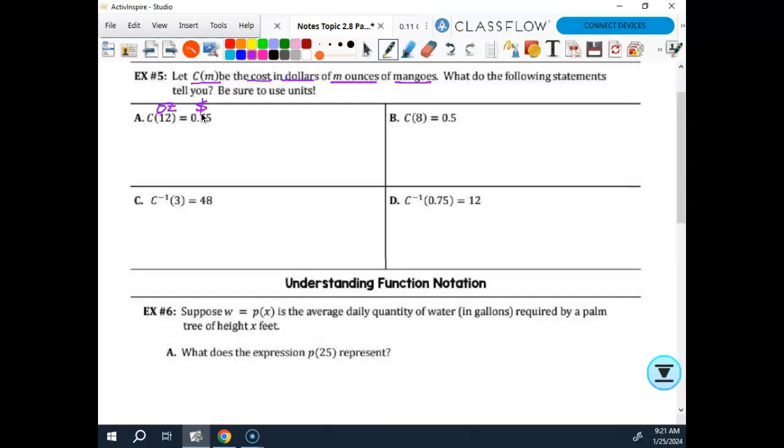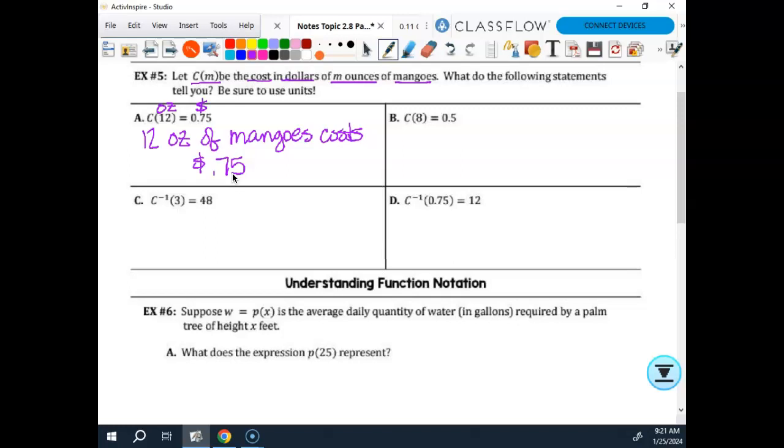So what this means is that 12 ounces of mangoes costs 75 cents. You agree with that? What would B then? What would B be then?